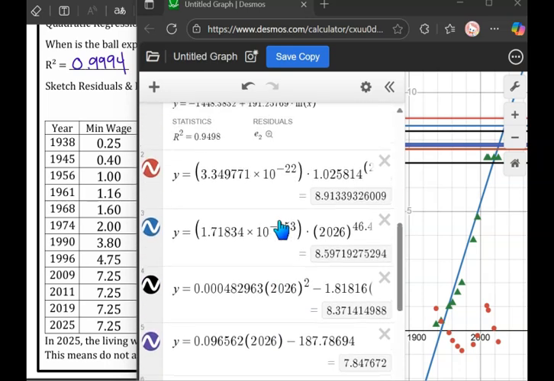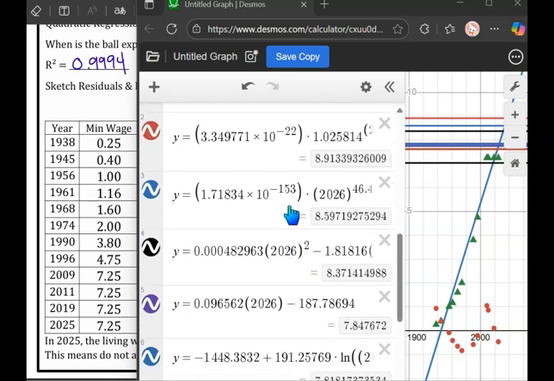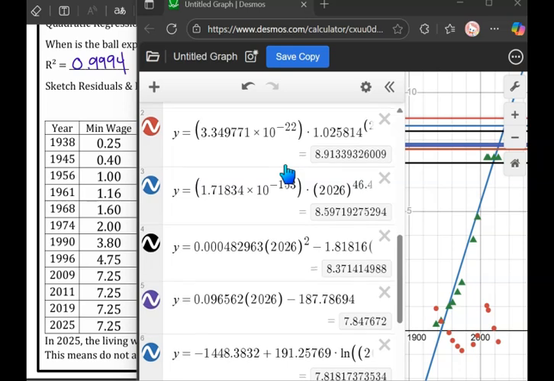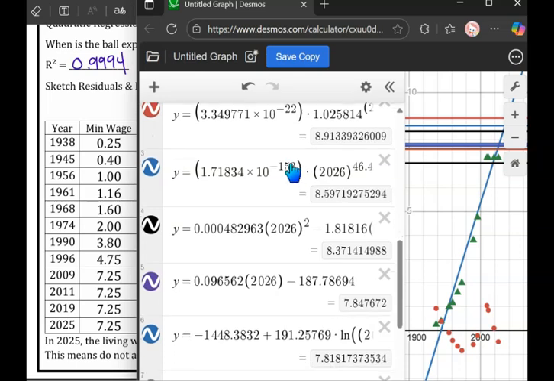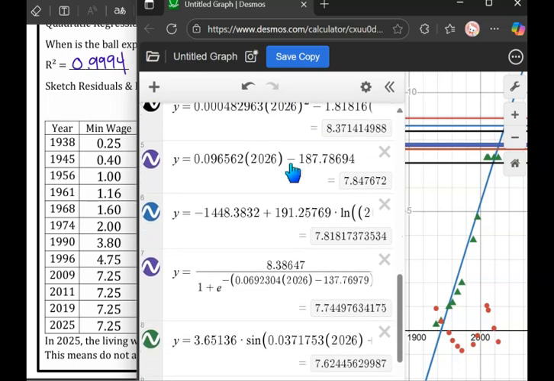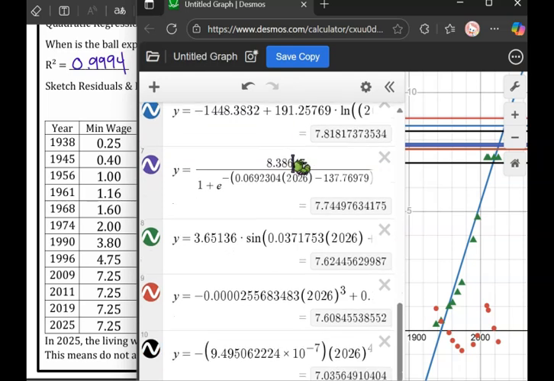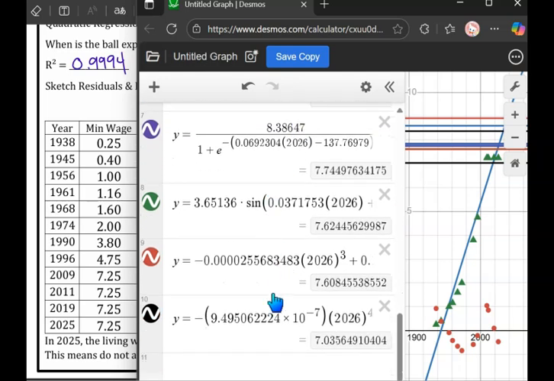Looking at all these models, these are the predictions for each of the models for the minimum wage for 2026. Which model do you think is actually going to be the most accurate?